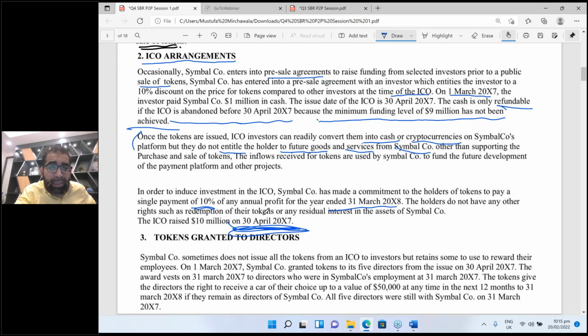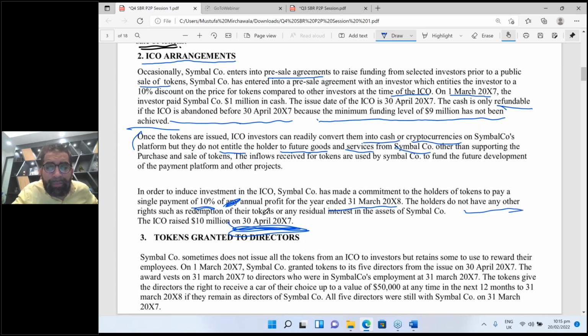That means this is also a contingent payment. If there will be a profit, then we'll pay, otherwise no need to pay.